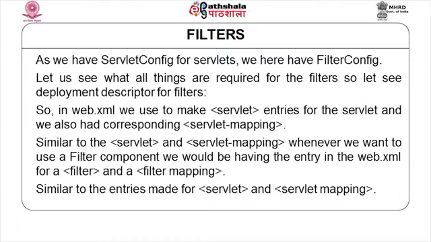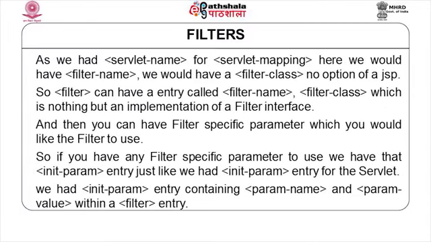Just like we had a servlet name for the servlet, here we would have a filter name. We would have a filter class, with no option of a JSP. The filter class is nothing but the implementation of the filter interface. Then you can have filter specific parameters which you would like the filter to use.